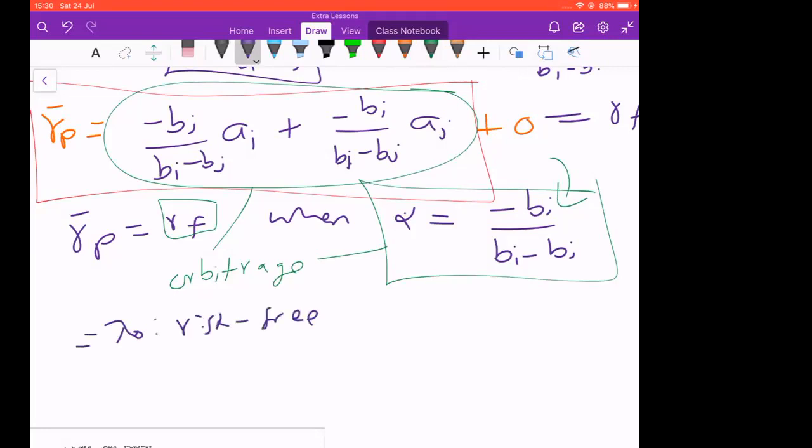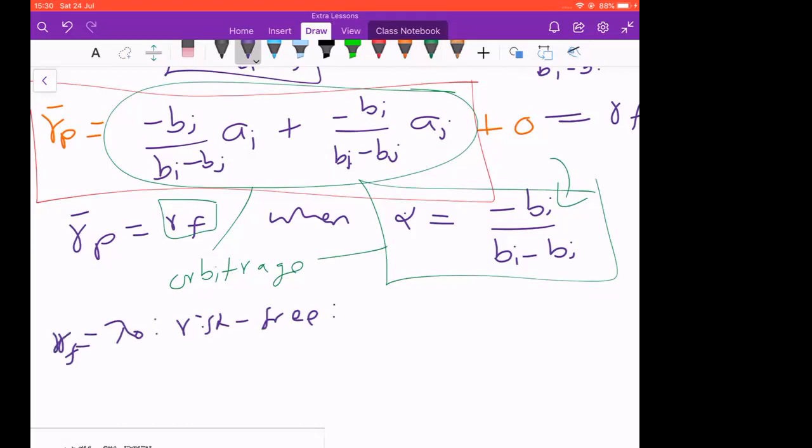So this is the same as RF, right? So if your lambda is not going to be equal to RF, then there is an arbitrage opportunity.